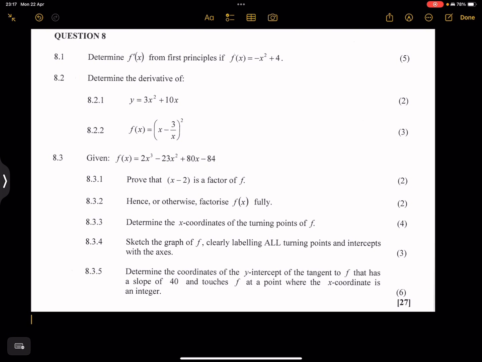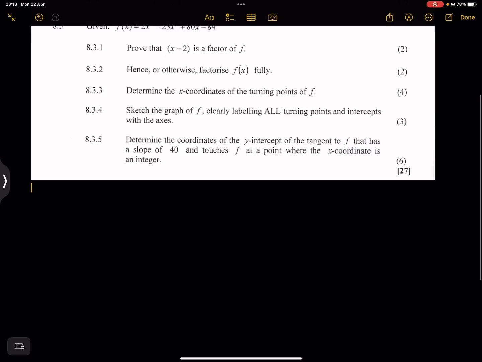And moving on to question 8, so we say determine f prime x from first principles if f of x is minus x squared plus 4. Right, let's try and do that as quickly as we possibly can.